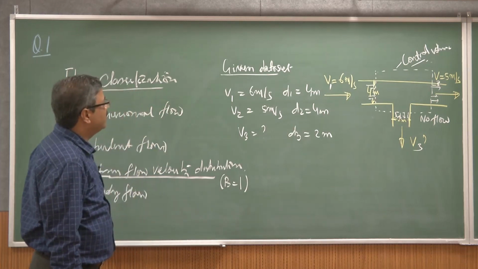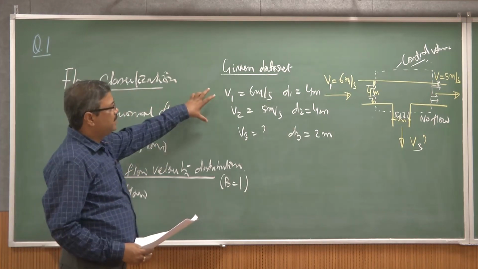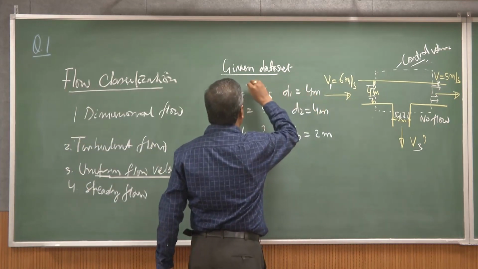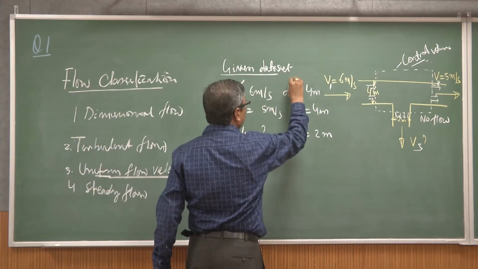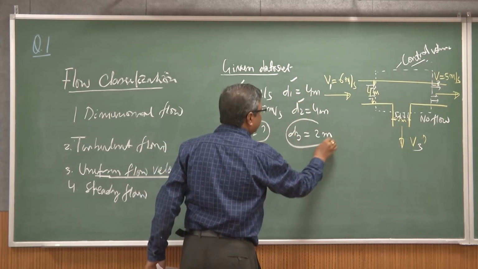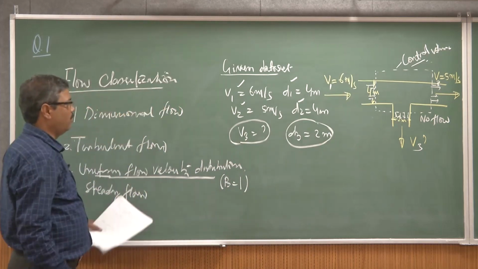If you look at the problem, you can write the given data sets like this, so that from this control volume, you can find out what is the V1, V2, D1, D2, and D3 is given to us.